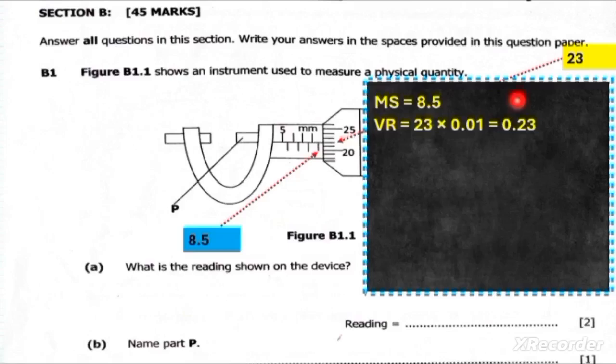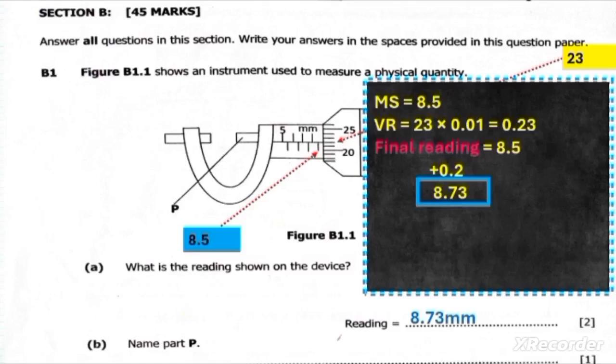Remember, we have changed here. To find the final reading, we are going to say 8.5 plus 0.22. We are going to get 8.72, not 8.73, 8.72.